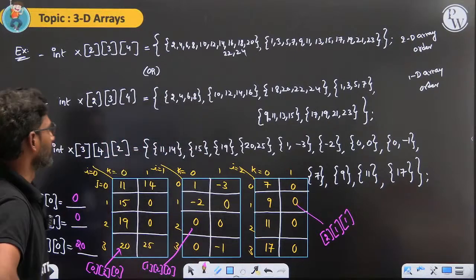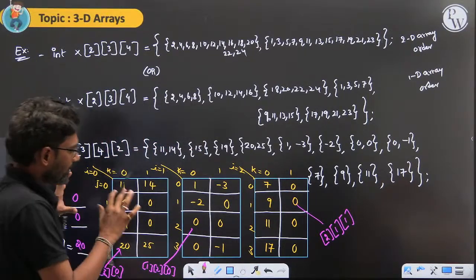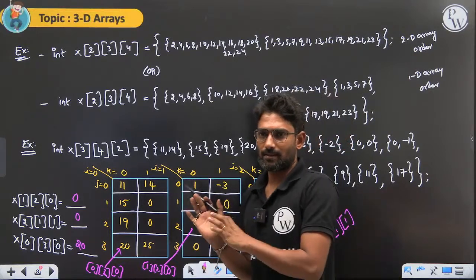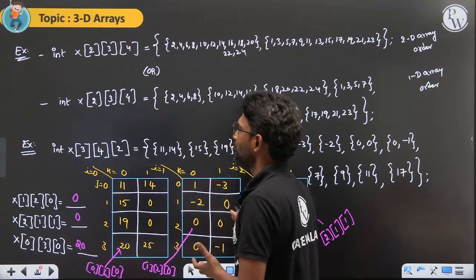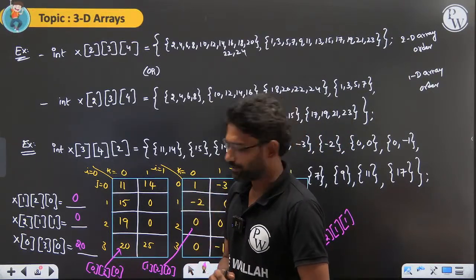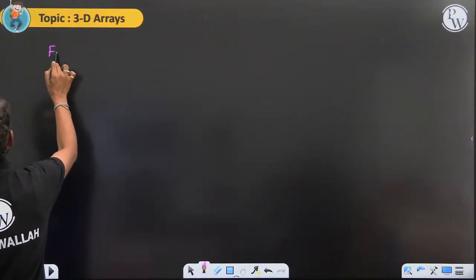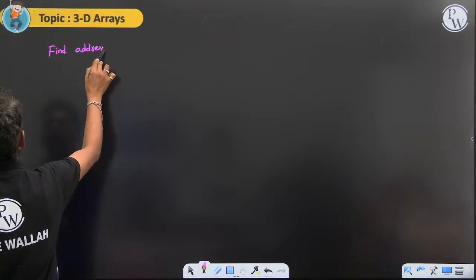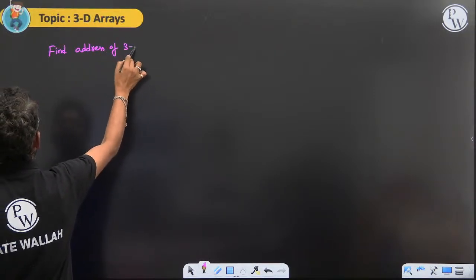That's wonderful. So this is how a 3D array is assigned with the values, or values are initialized. Now, how do we find the address of a 3D array element?